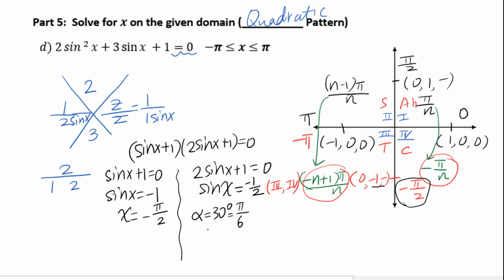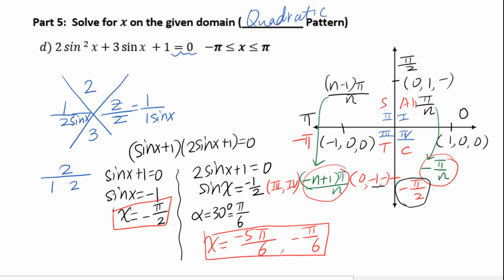N equals 6. Therefore, x equals -5 pi over 6 and negative pi over 6 will be the solution. So we have 3 solutions to this equation.